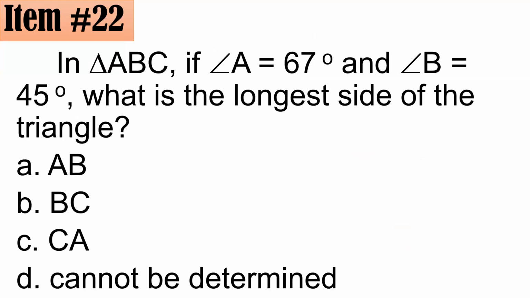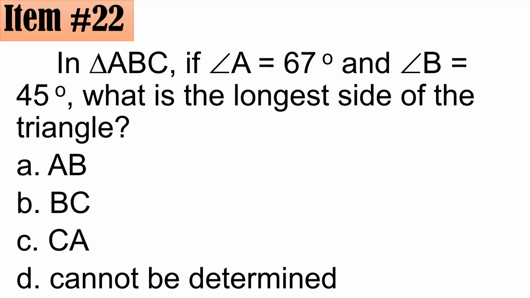Next, in triangle ABC, if angle A is 67 degrees, and angle B is 45 degrees, what is the longest side of your triangle? Is it side AB, BC, CA, or cannot be determined? Okay, letter A daw, AB daw.